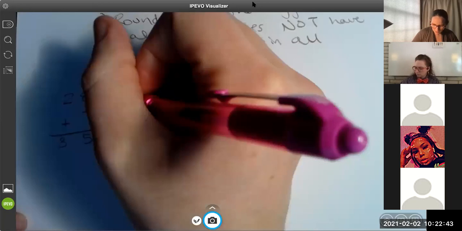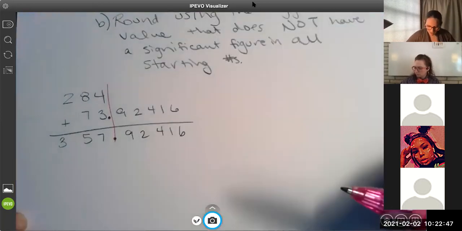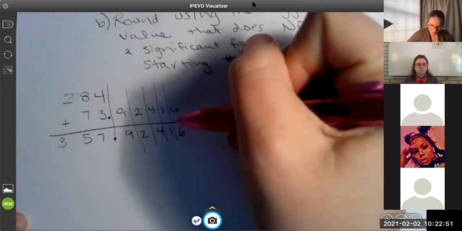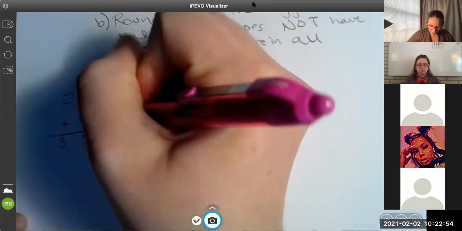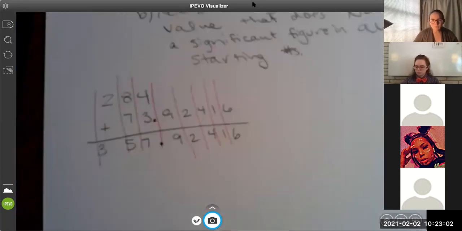Step two, we're going to look at the place values and start to ask the question: which place values can we see in all of our starting numbers and which place values can we not see? So I just drew lines to show where the place values are.